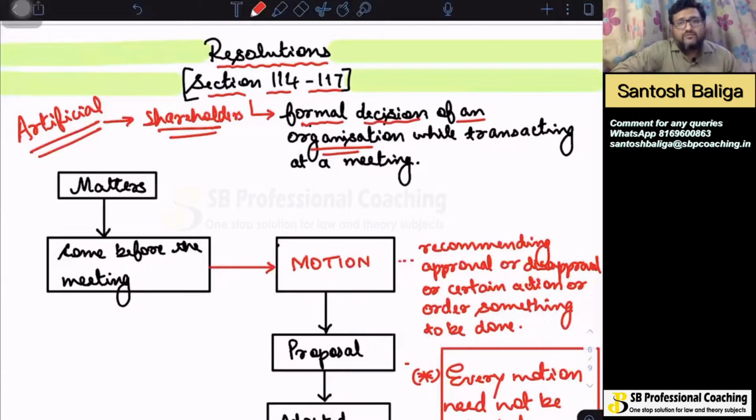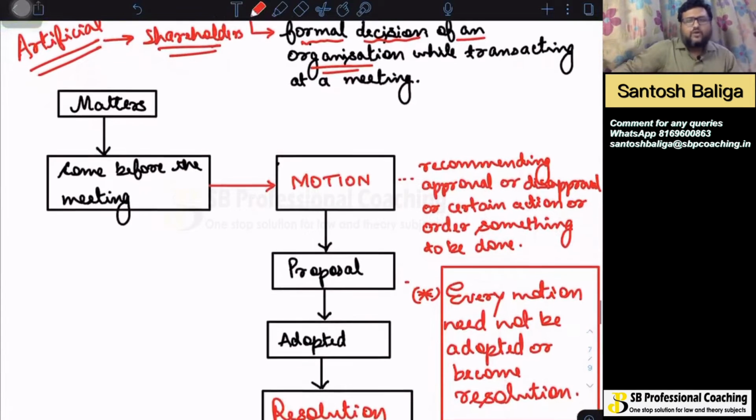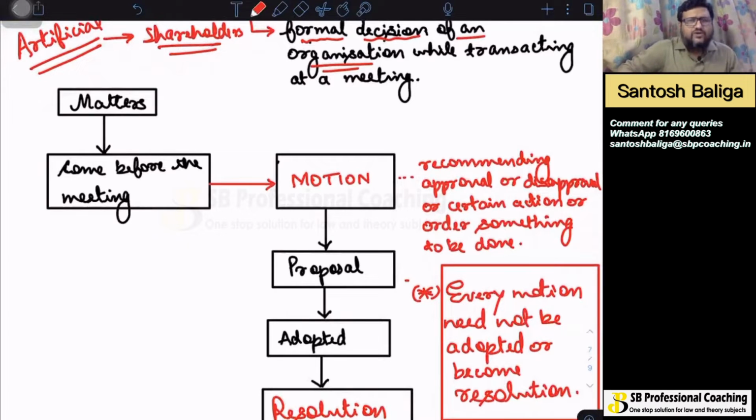Okay, so there is one more concept which has to be understood by us. Let me depict you with this particular chart. It's a very simple topic and it won't take much amount of time to understand. First of all, any business matter which is placed in the general meeting for approval of the shareholders, which comes before the meeting, is known as motion.